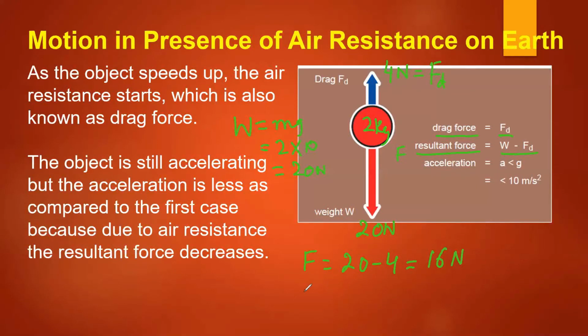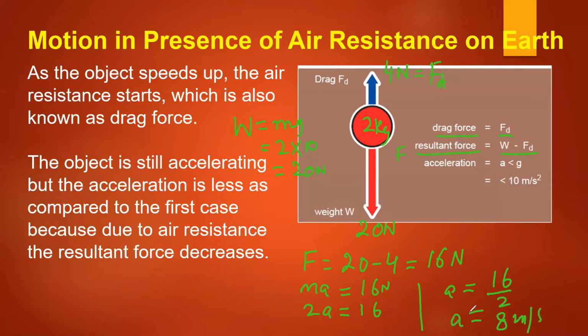But F is what? F is ma, according to Newton's second law. So ma is 16 newtons. Mass of the object is 2, so 2a equals 16. In this case, a equals 16 divided by 2, that equals 8 meters per second squared.